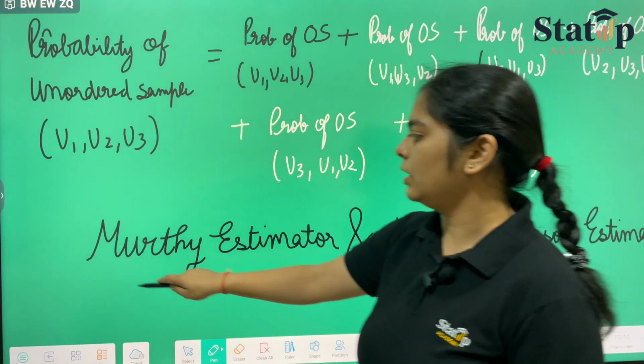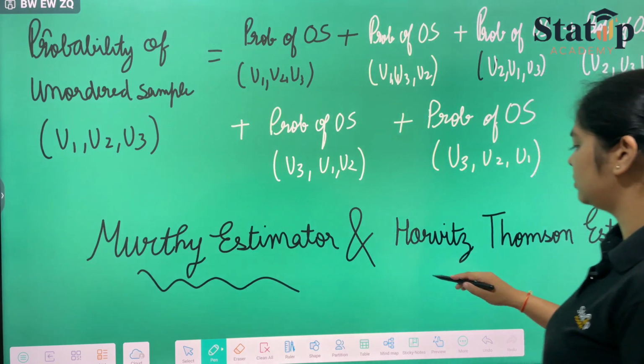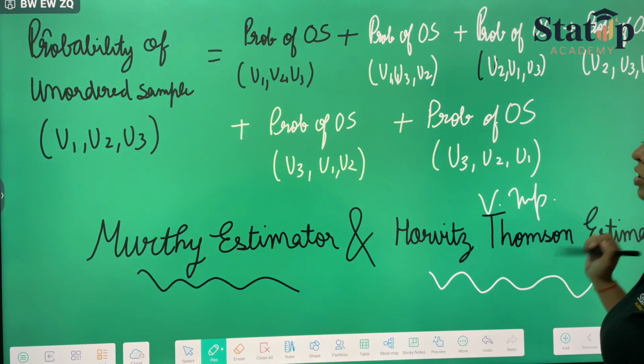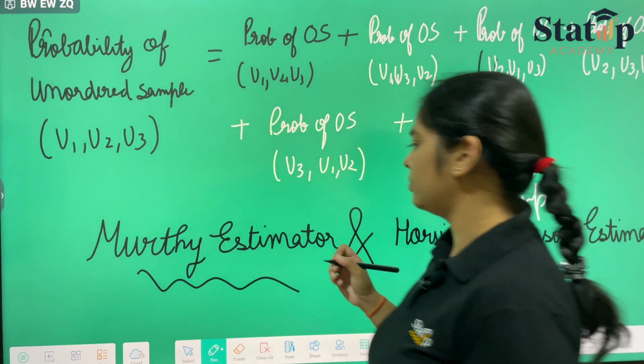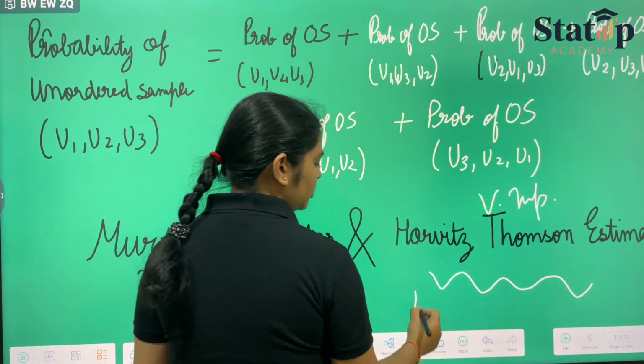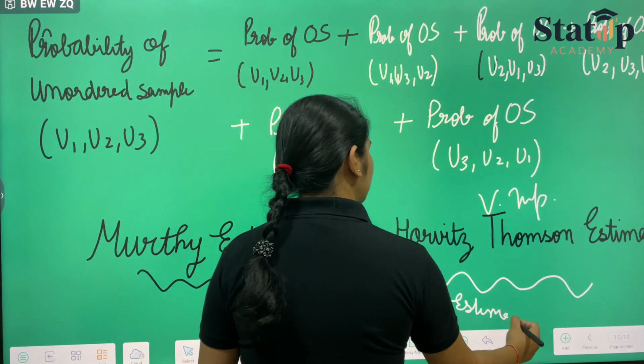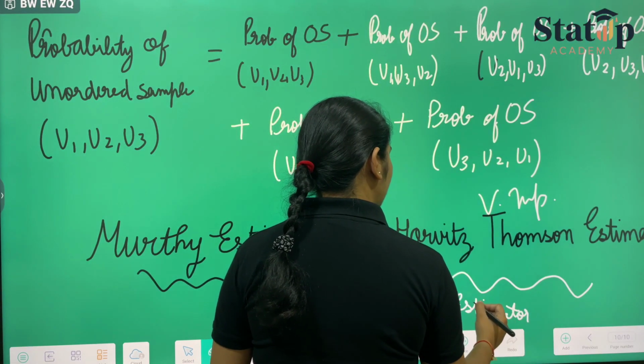This has been rarely asked in the exam, but this one is very important from the exam point of view. So we'll only discuss the Horvitz Thompson estimator, which is also known as the HT estimator. We'll discuss this in the next class.